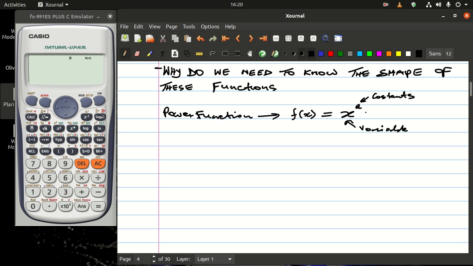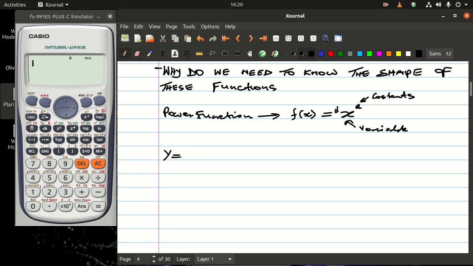A is a constant. So we recognize power functions by just having x, only x. There is no constant in front of x, it's just x. Okay, let me just say it's 1 because there's 1 there. There is 1, and then the exponent is a constant. Now, let me take some examples here. I have f of x. Okay, instead of f of x, I'm going to use y.